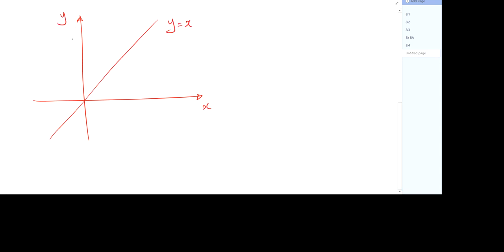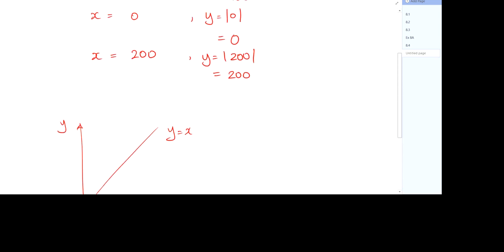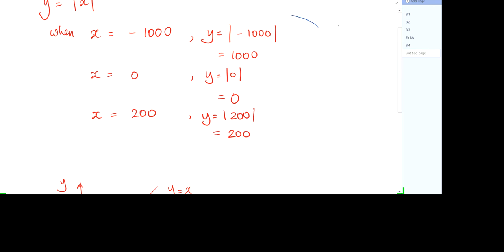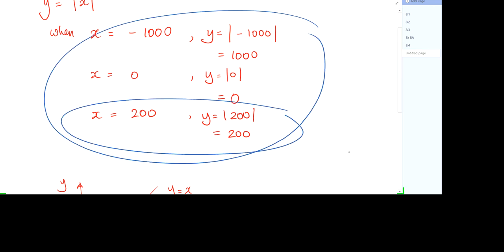So then we saw that graphically, if I have a graph of y equals to x this way, and I want a graph of y equals to modulus x. So you see this portion over here is the positive x region. This is the negative x region, right? In our calculations over here, what happened to positive x values?